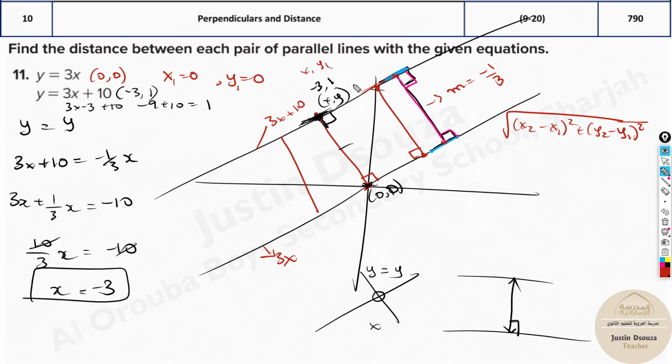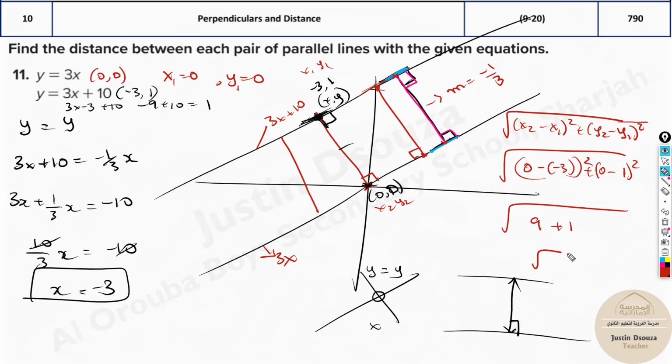I'll take this as x1, y1 and this as x2, y2. x2 is 0 minus x1, which is minus 3, the whole square, plus y2 is 0 minus 1 the whole square. You can put this directly in the calculator. It'll be 3 squared is 9 plus 1, so square root of 10 is the final answer.